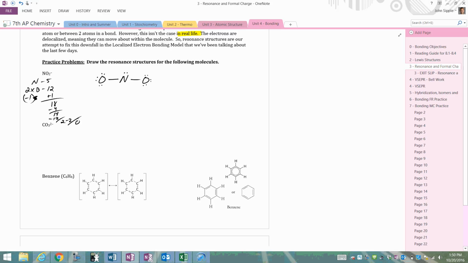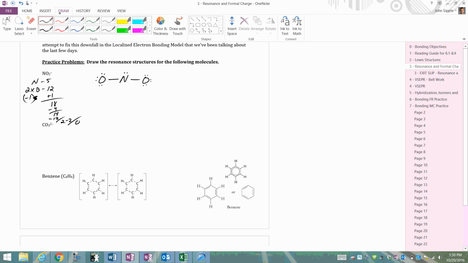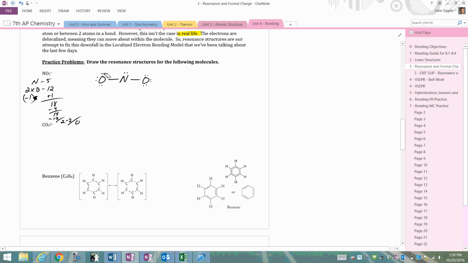So what are we doing? We've got to do some double bonds. So we're going to take some electrons. I'm going to take this first set of electrons from the oxygen on the left, and draw a double bond in. And there we go, that's good. Now, I could just as easily have taken the electrons from the oxygen on the right, and we want to draw that as well.